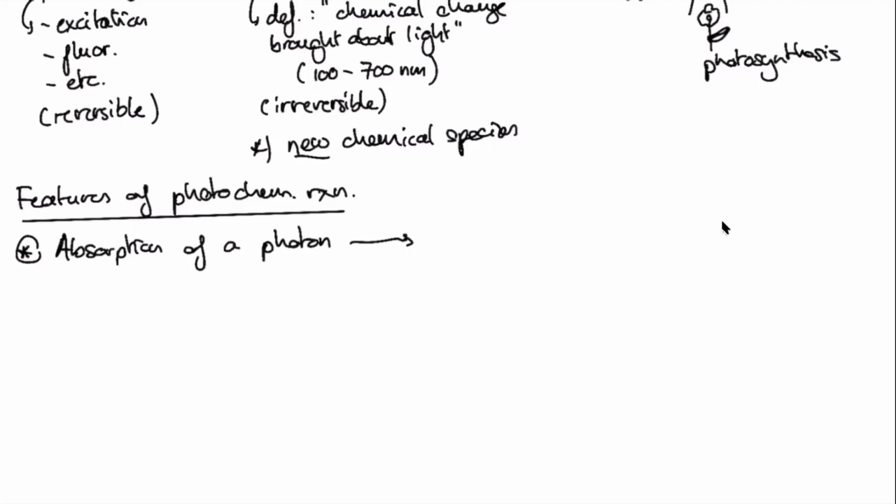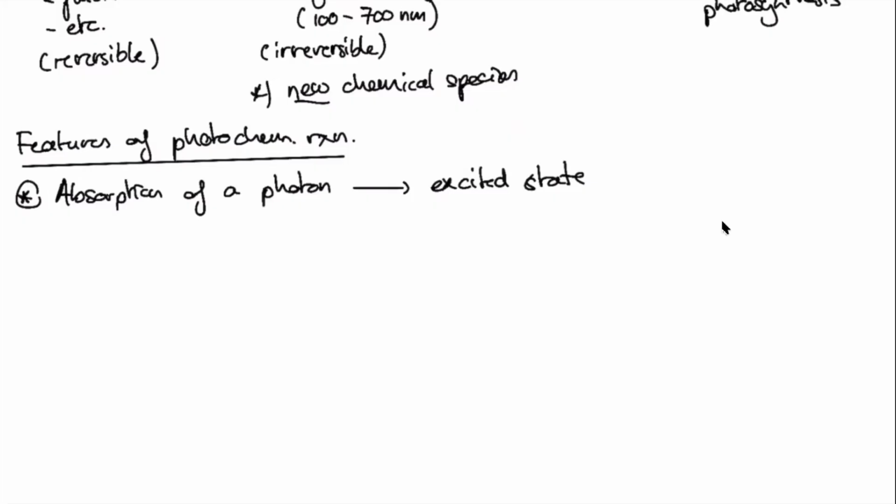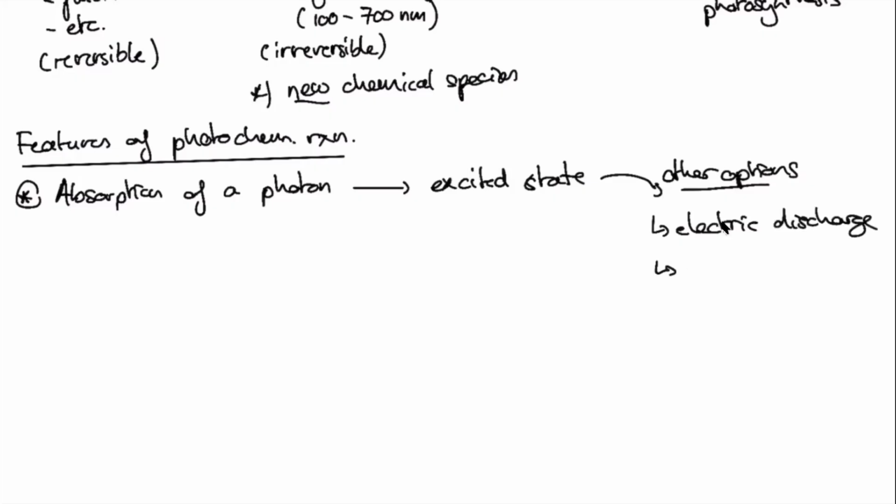And that leads to an excited state. Okay, so there are many other possibilities to get an excited state, which we won't discuss in this course, but you can do electric discharge. We can do it in a flame.